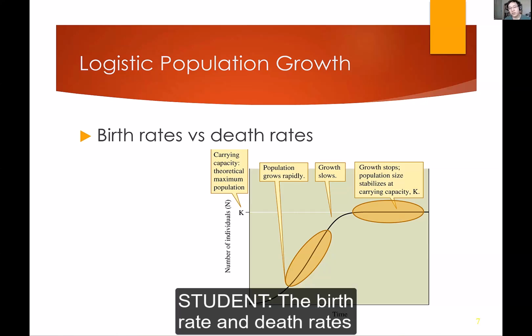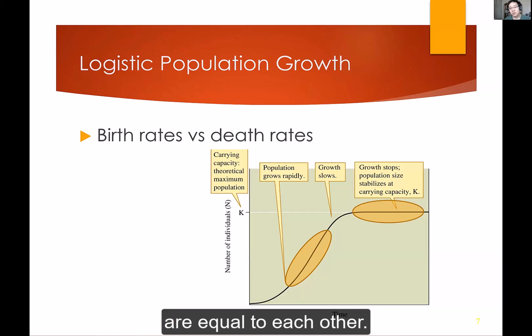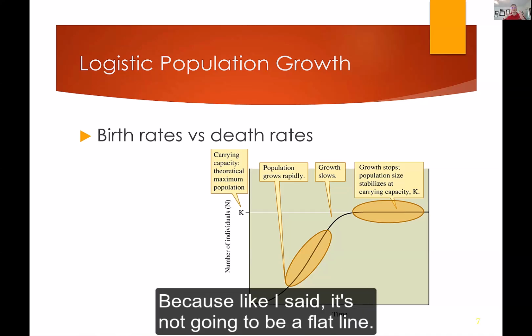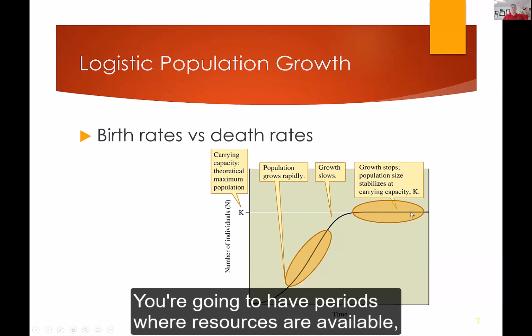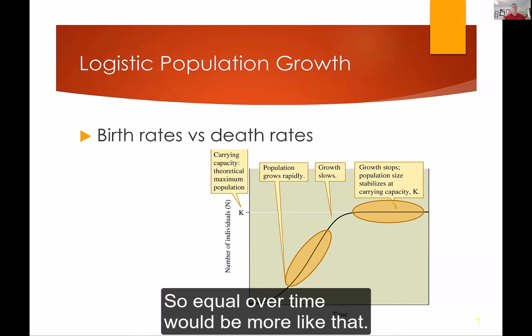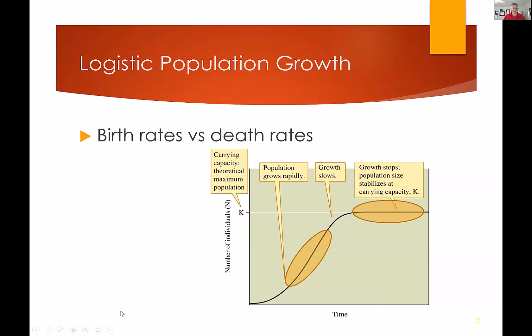The birth rate and death rate are equal to each other. Right, they're about equal, right? Because like I said, it's not going to be a flat line. You're going to have periods where resources are available, so it's going to go up, and then we're going to decline, right? So equal over time would be more like that.